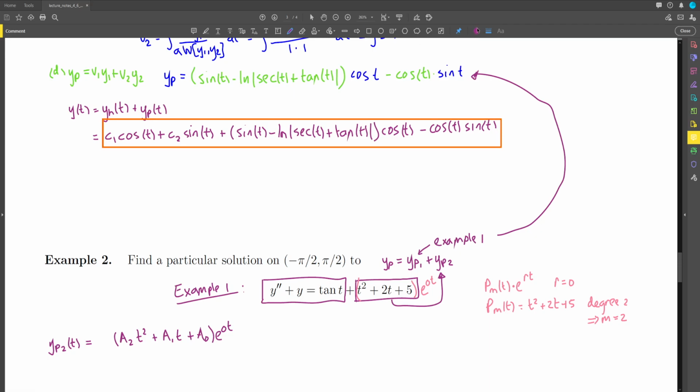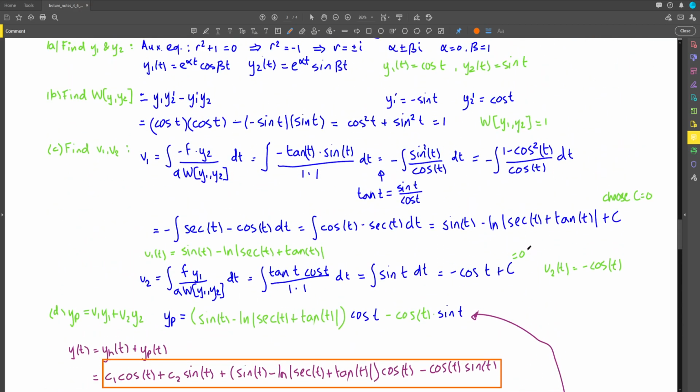And then we have to worry about an extra factor of t. That means we have to look at r equals 0 and compare it to the auxiliary equation and see if it's a root.